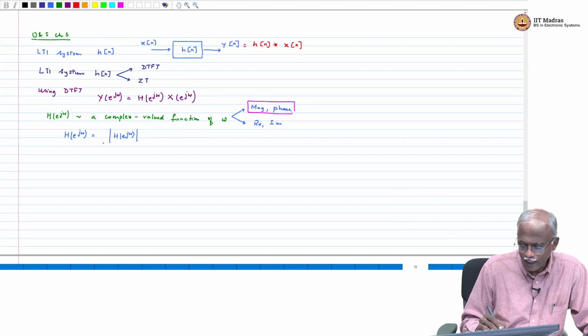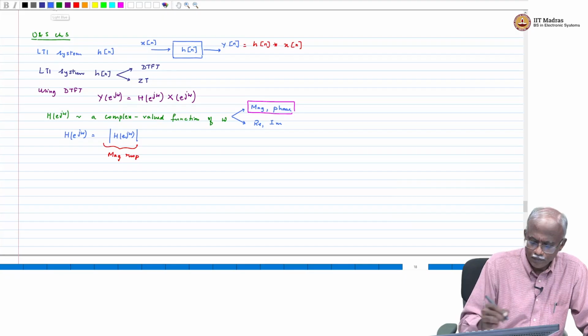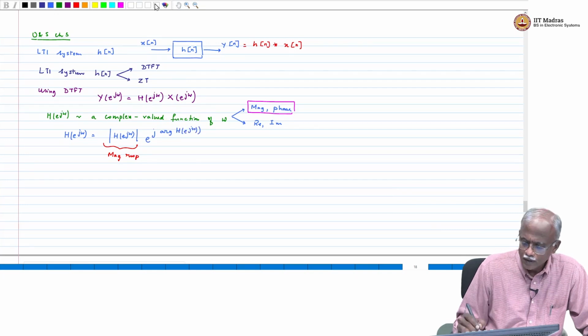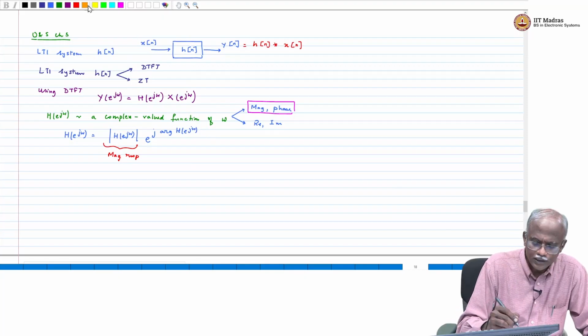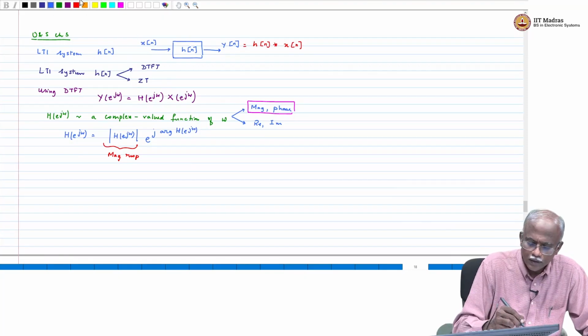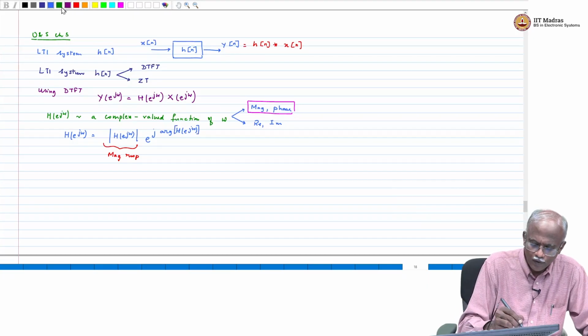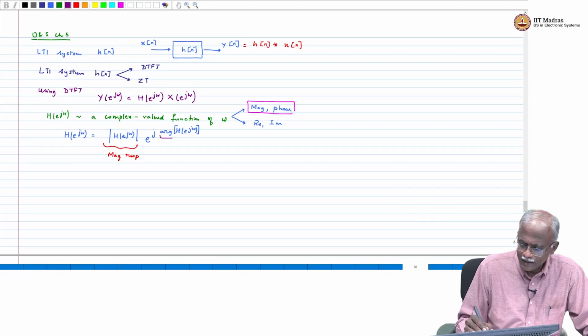This is what we call the magnitude response of the LTI system, multiplied by e power j argument of H e of j omega. Again, this is a repeat from what we have already studied, and this is what we call the phase response.